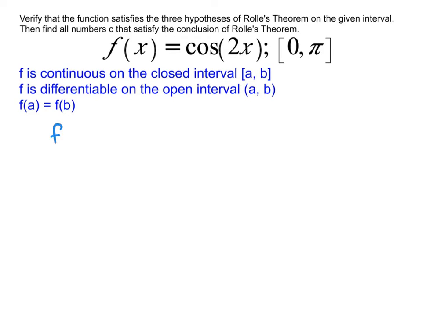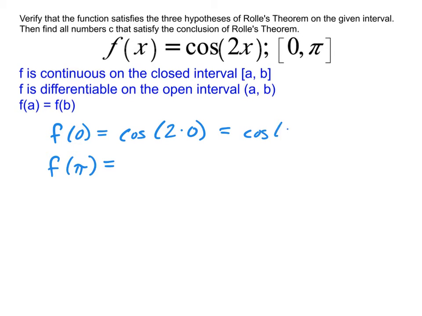So that means we need to figure out what is the value of f of 0, the first point of our interval, and the value of f of pi, the second point in our interval. And so I'm going to take each of those and plug them in. So I'm going to do cosine of 2 times 0. So 2 times 0, of course, is 0. So this is going to be cosine of 0 here.